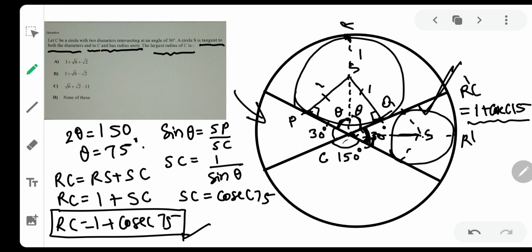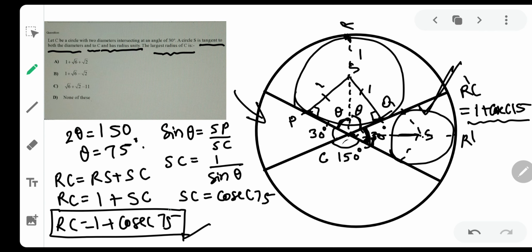Now how do we know which one is greater? So it is a very common sense that cosec, the derivative of cosec, you need to understand. What is the derivative of cosec? It is minus cosec x cot x. It means cosec is a decreasing function.